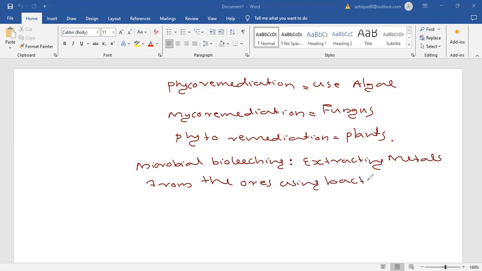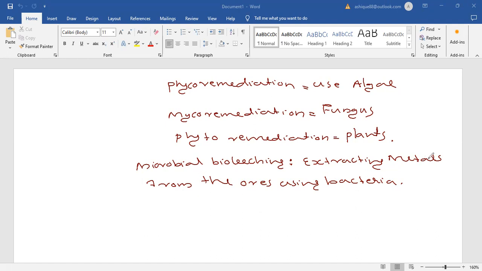That is known as microbial bioleaching. They do this process using the sulfur produced by the microorganism. Don't go into details. What is microbial bioleaching? That's only what is needed.